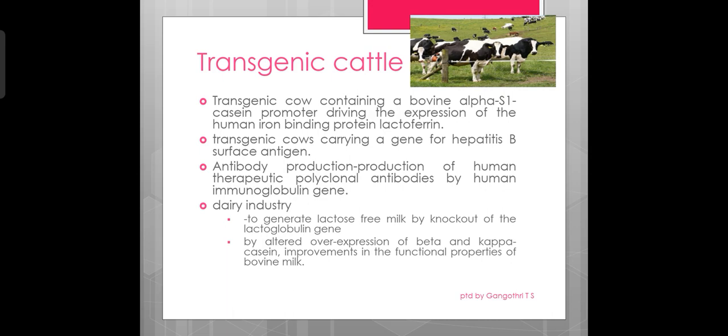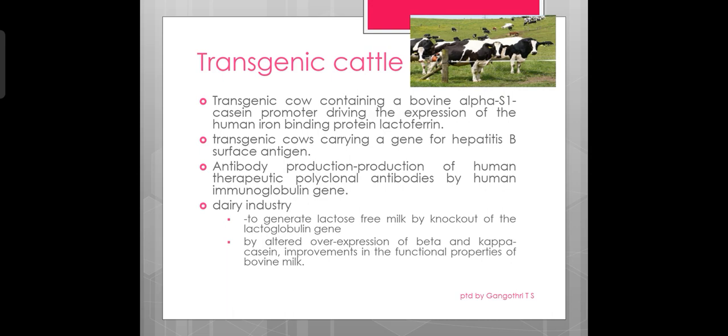Then hepatitis B surface antigen. In 1998, transgenic cows carrying a gene for hepatitis B surface antigen were produced through the transfer of the gene to unfertilized oocytes arrested at metaphase.